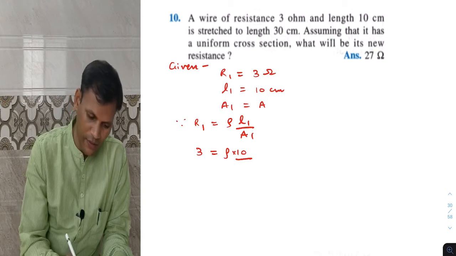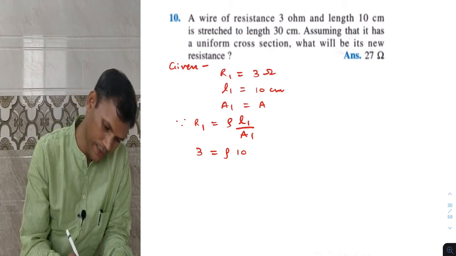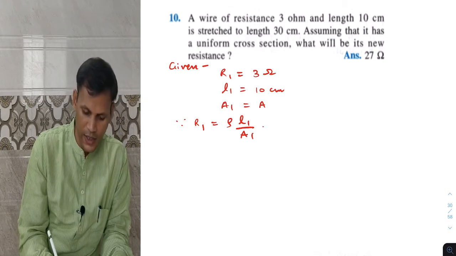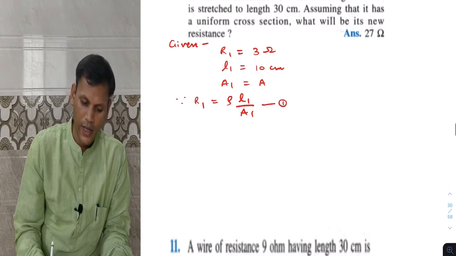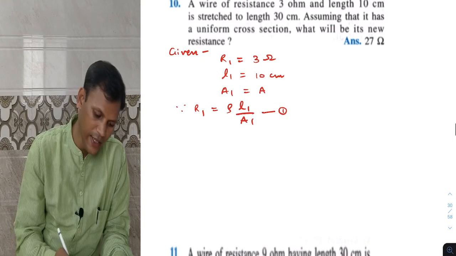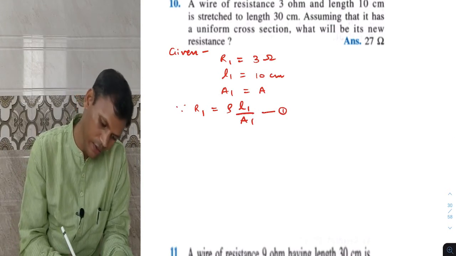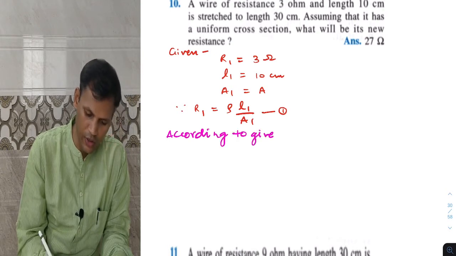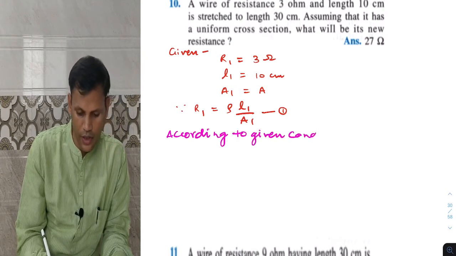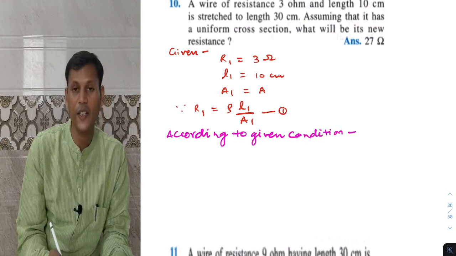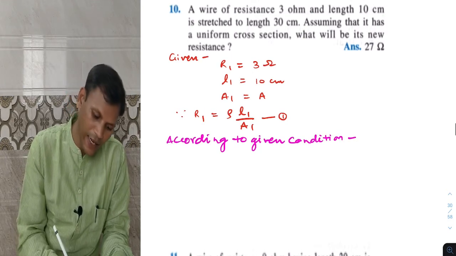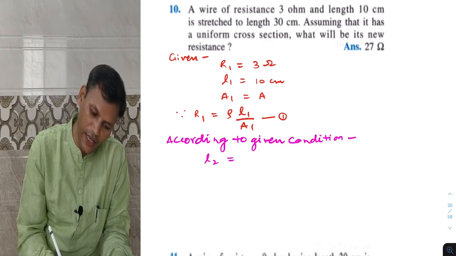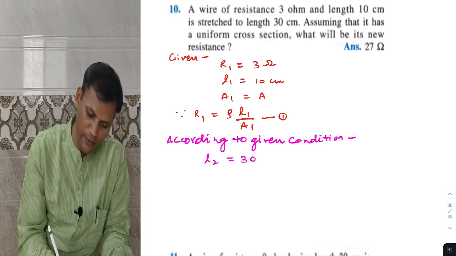Okay, let's not do it this way. We will go a simpler way. This is equation 1, right? And I will write according to the given condition. What condition is given? Length is stretched, L2 is equal to 30 centimeter.